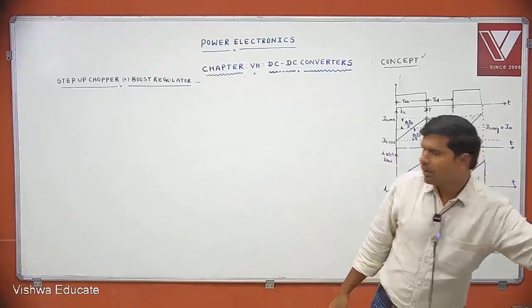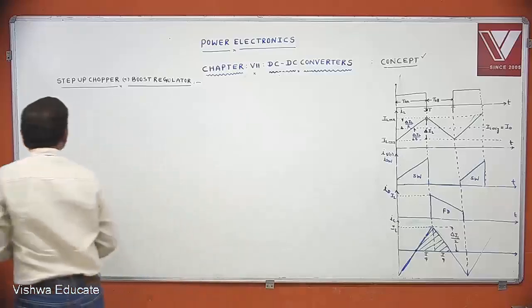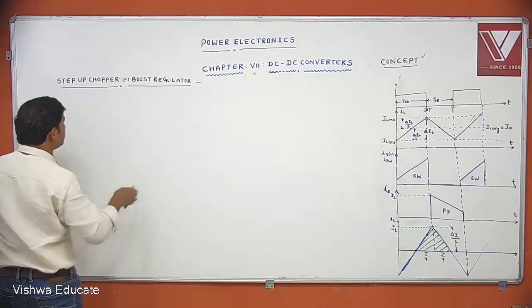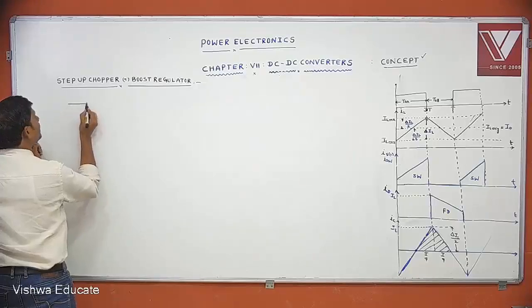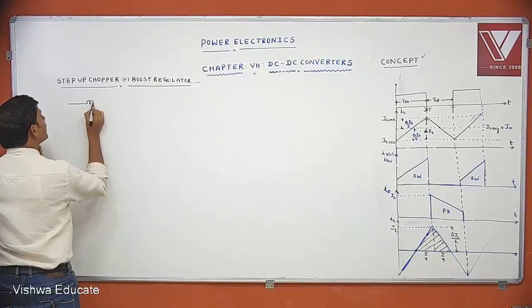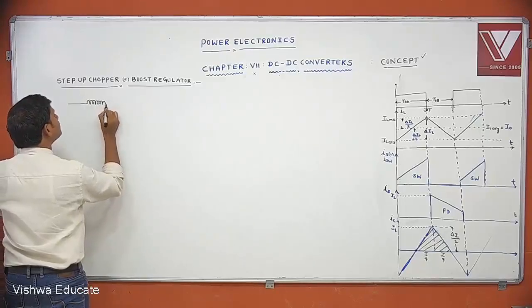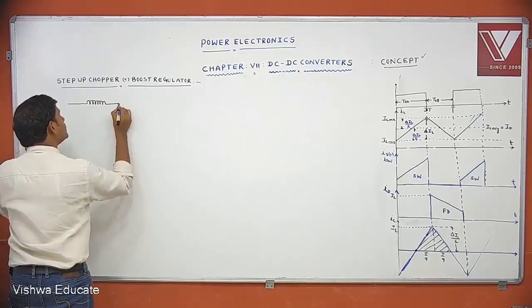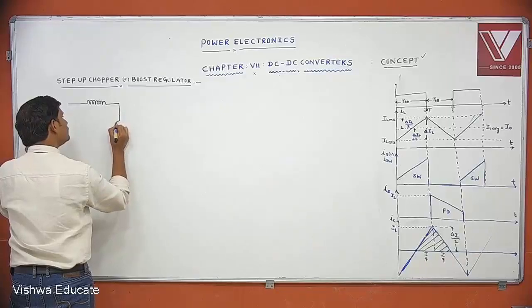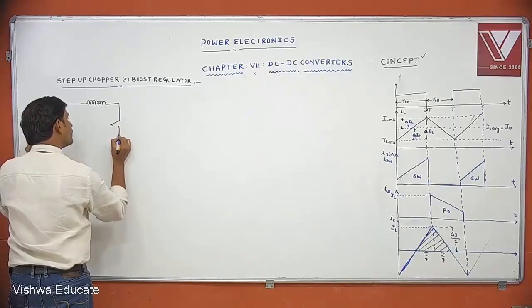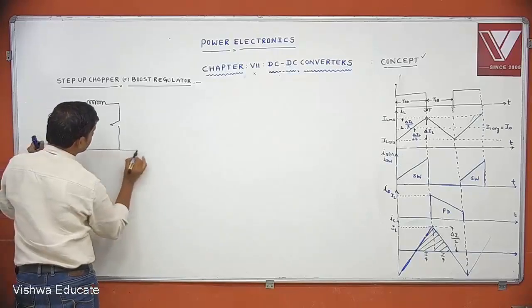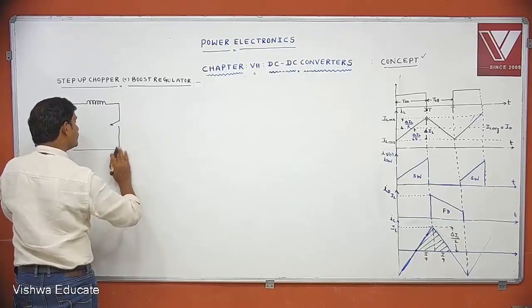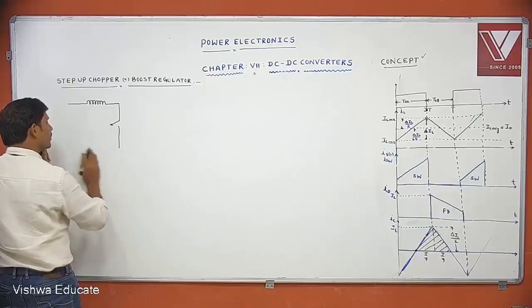Tell me, can you draw the circuit of the step up chopper or boost regulator? I told you already how to identify a boost regulator or step up chopper: the inductor is at the source side, and this is the switch, switch or chopper. Draw the circuit in parallel, don't wait.